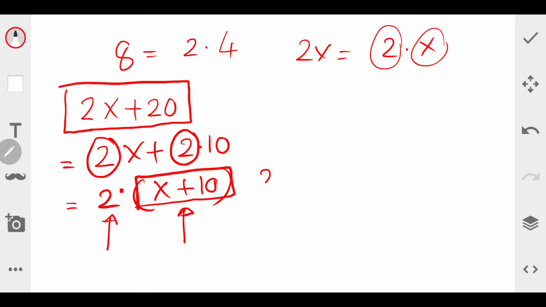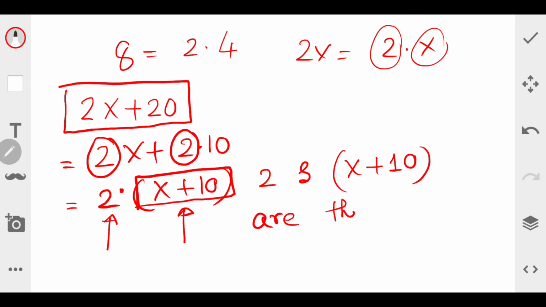So I can say that 2 and x plus 10 are the factors of 2x plus 20.